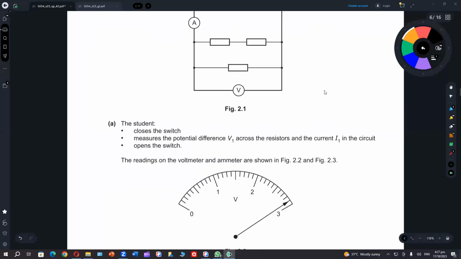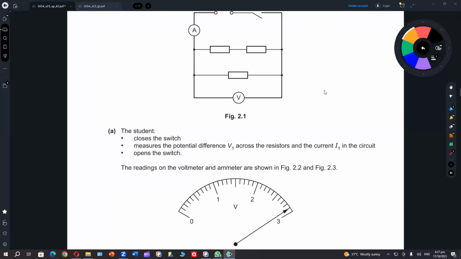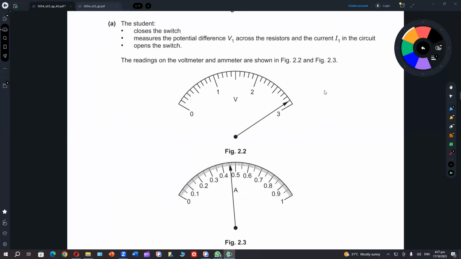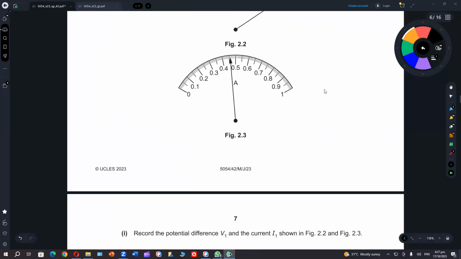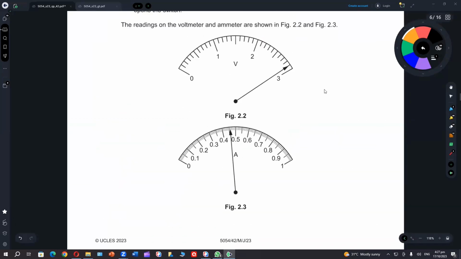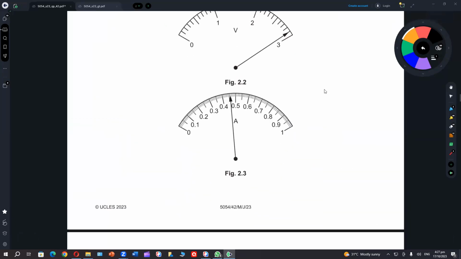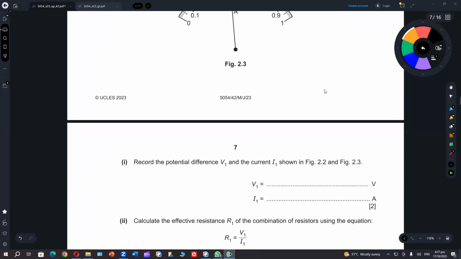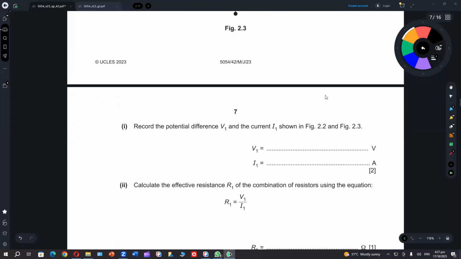The student closes the switch, measures the PD across the resistors and the current I1 in the circuit, opens the switch. The readings on the voltmeter and ammeter are shown. It's 2.9 on the voltmeter. Voltmeter is 2.9, right? And the current is 0.46.